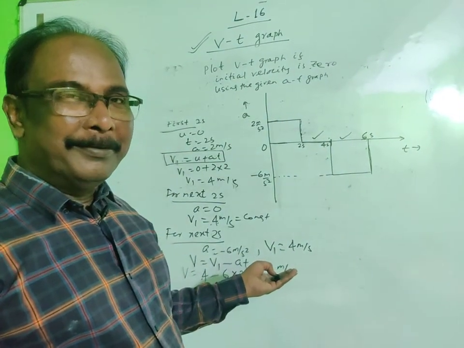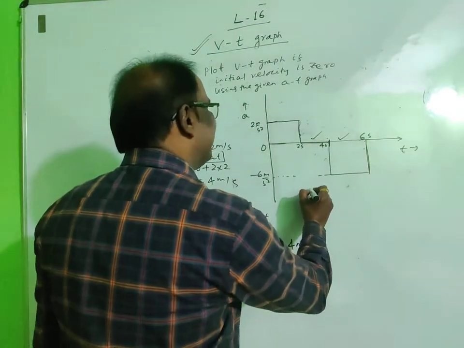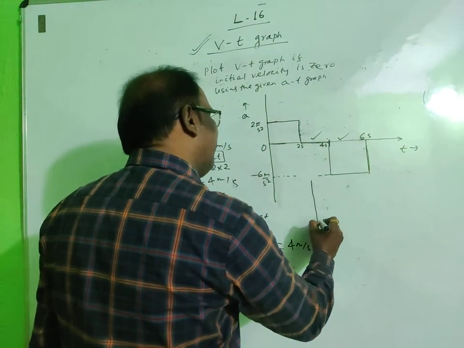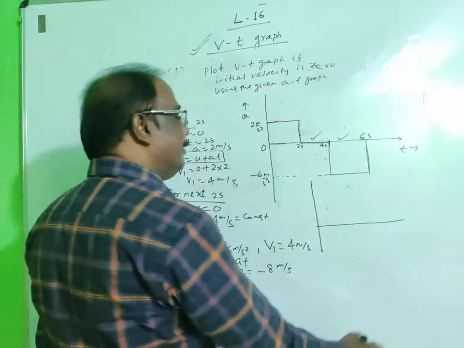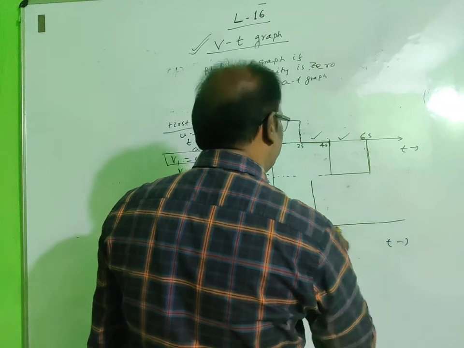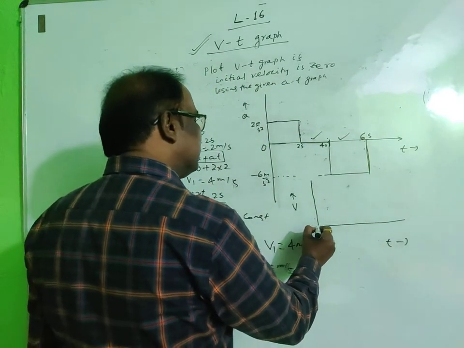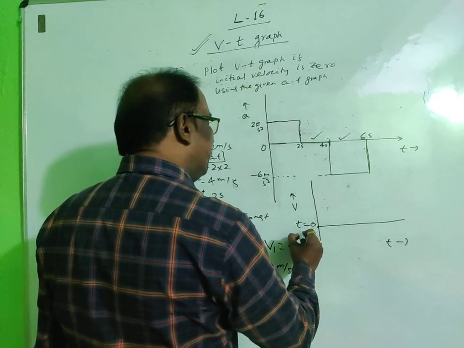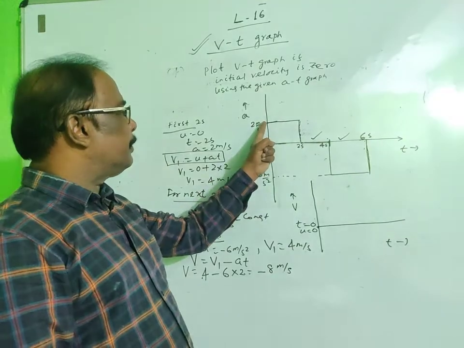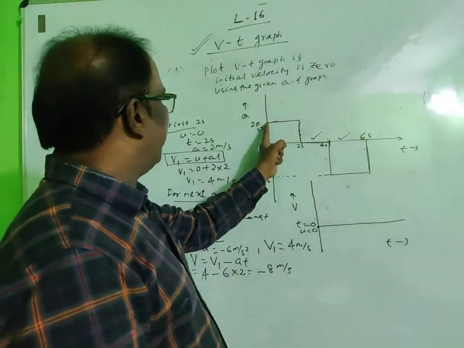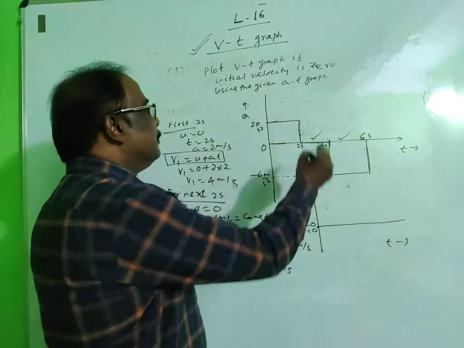Now we will draw the VT graph. Very easy. See, the corresponding VT graph of a body moving in a straight line: variation of velocity with time. Here time is 0 and initial velocity is 0. For the first 2 seconds, motion is uniformly accelerated, acceleration is constant.